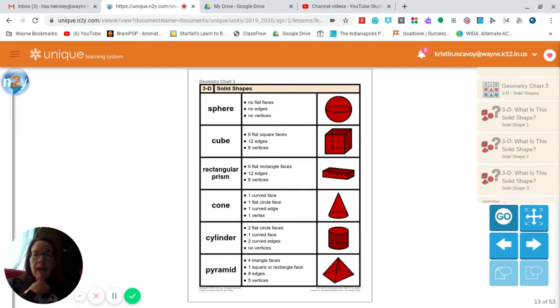Well, remember, the edge is like this part where two things join, but it's continuous on a shape like this. So, because that tomato plant kind of looks like this shape, if that's the shape you cut out and put on top, it says it has one curved edge.